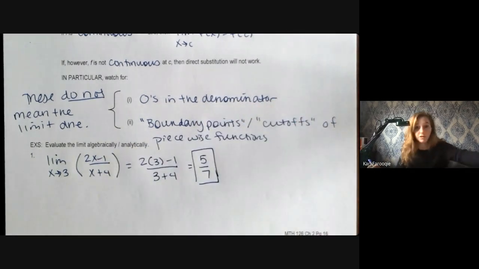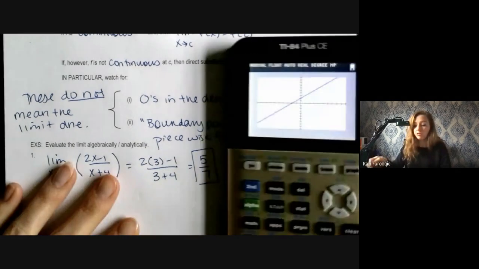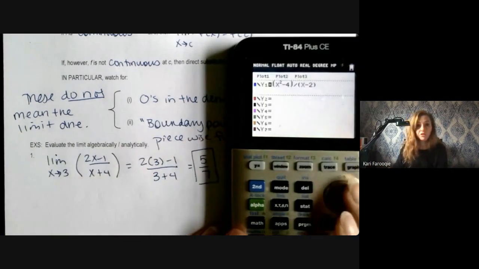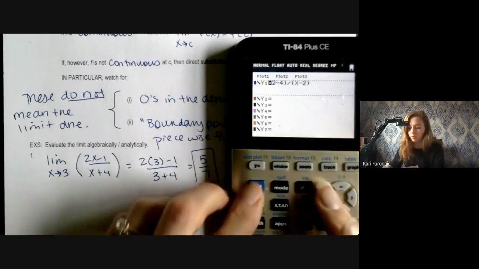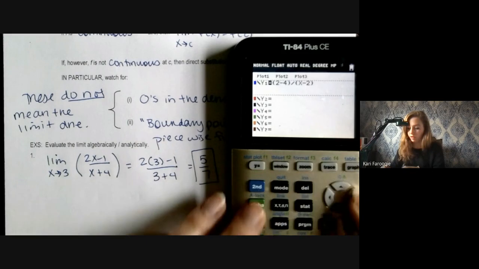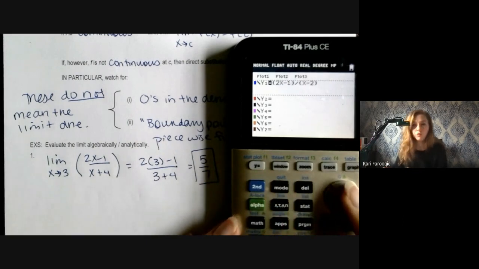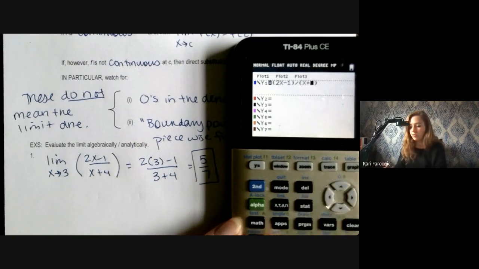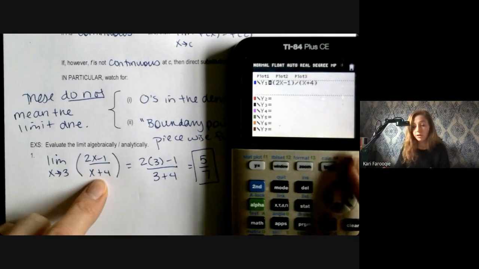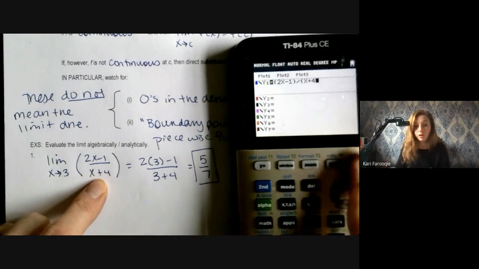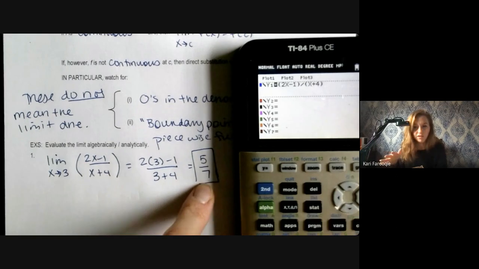Now, there are so many different ways you can look at this. I don't want you to feel like you have to do limits one way or another. We could look at this function graphically. If I put this into my calculator as 2x, if I just would have rewritten the function, it probably would have been easier, divided by x plus 4, I can put it into my graphing calculator and look at the graph, and I can verify that the limit, 5/7, is a little bit less than 1.